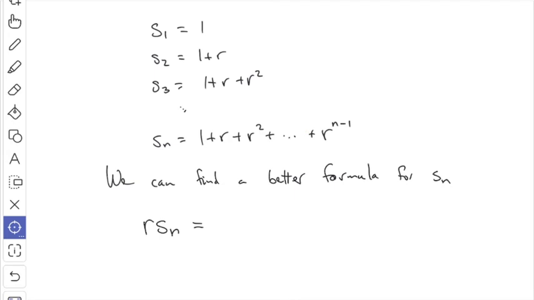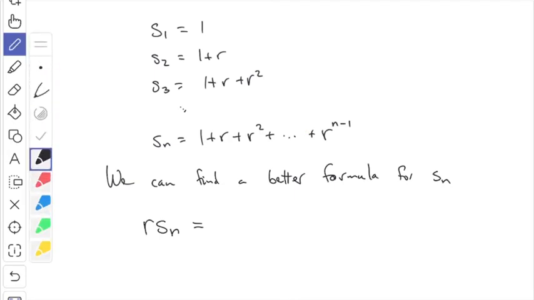So r times Sn, instead of starting with 1, starts with r, then r squared, then r cubed, and finishes with r to the power n, right? I distributed, multiplying through everything by r, which increases every exponent by 1. All right, this is r times Sn.